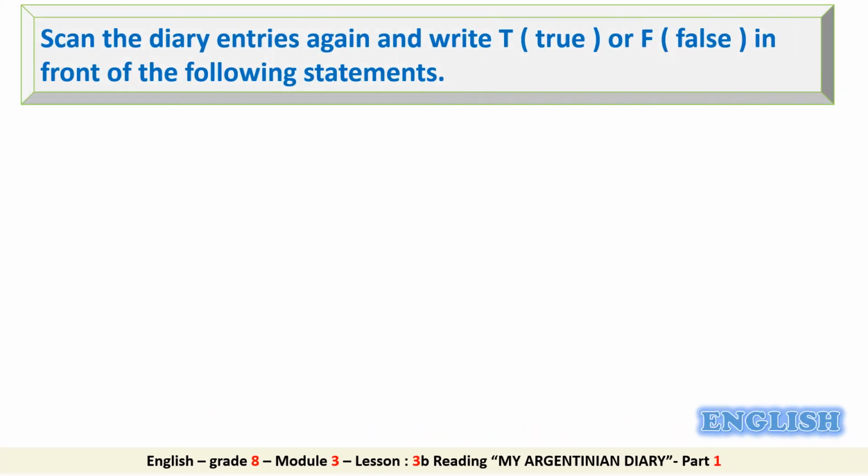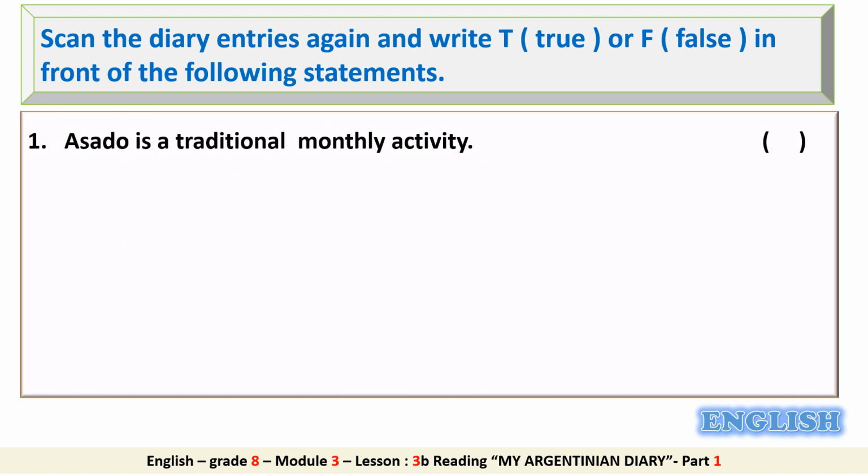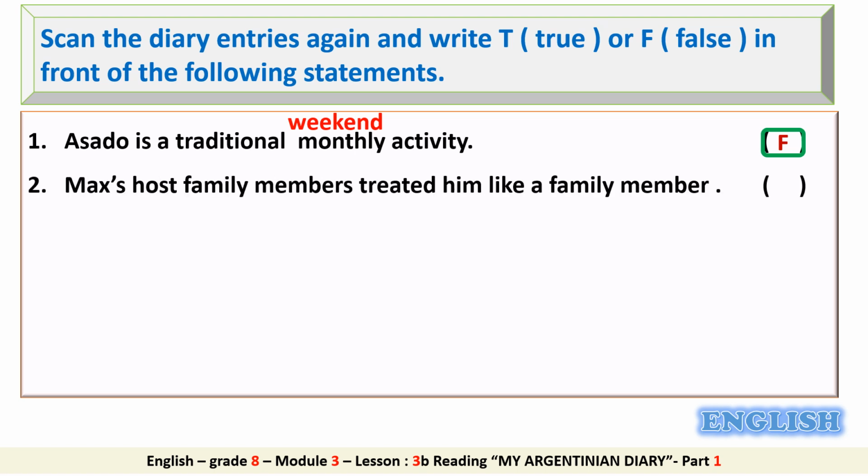Scan the diary entries for the last time and write true or false in front of the following statements. Then check your answers with your teacher. Well, you can check your answers now. 1. Asado is a traditional monthly activity. False. It is a weekend activity. 2.